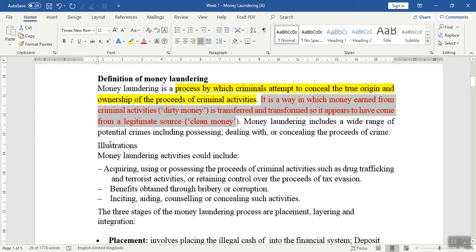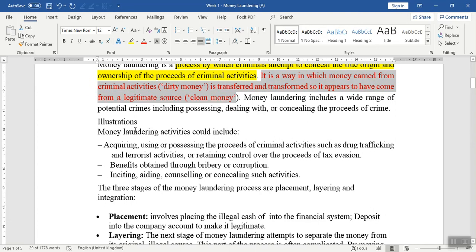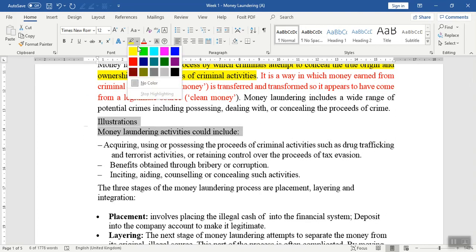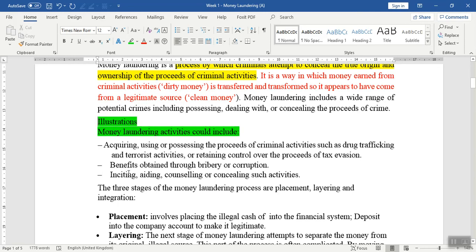Okay, so for illustration, what do money laundering examples include? You can put anything. In my lecture notes, I have a lot. They sell the proceeds of criminal activity like drug trafficking, terrorist activity.